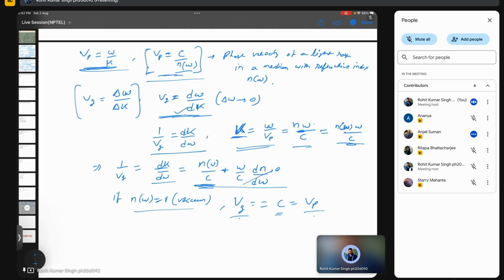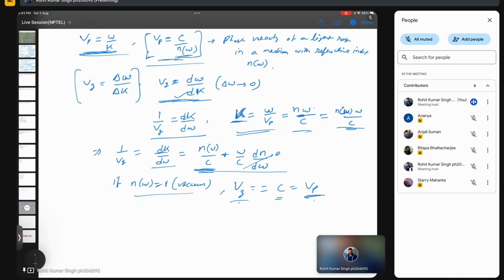So if light is traveling in a vacuum, the group velocity will be the same as the phase velocity. But if it encounters a medium, then because of the frequency dependent refractive index, the group velocity will be different from the phase velocity, and I'm going to write how it changes.